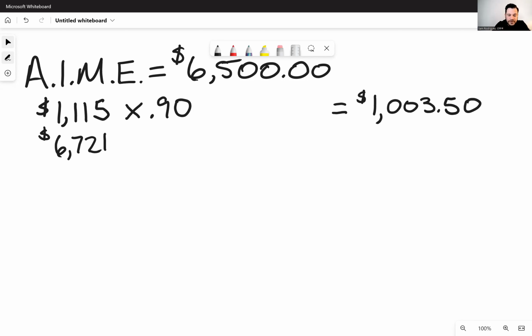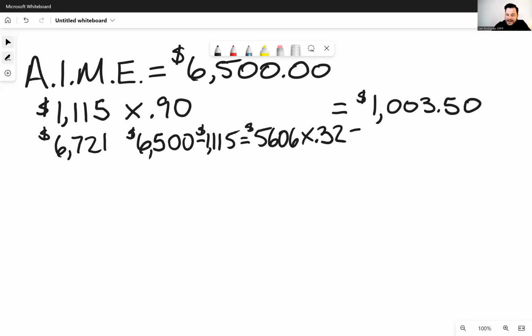So what we're going to do is take 6,500 and subtract the previous 1,115 to give us 5,385. And we're going to multiply that by 0.32. And that is going to give us $1,723 even.